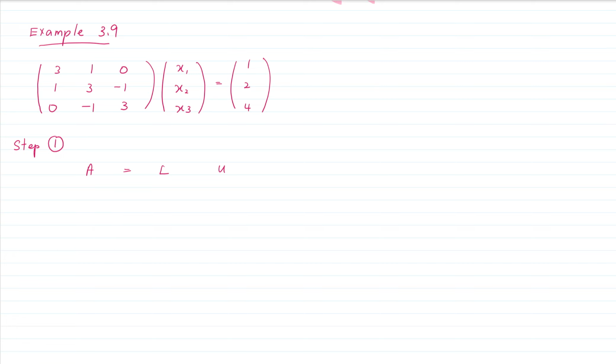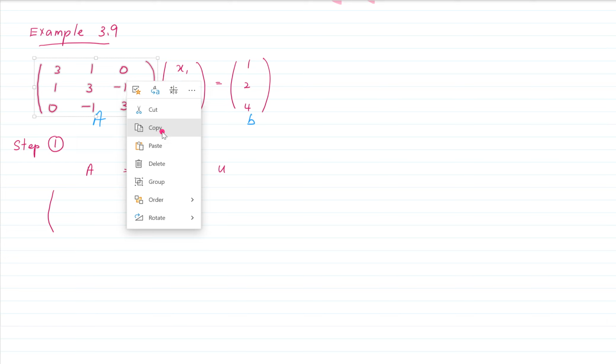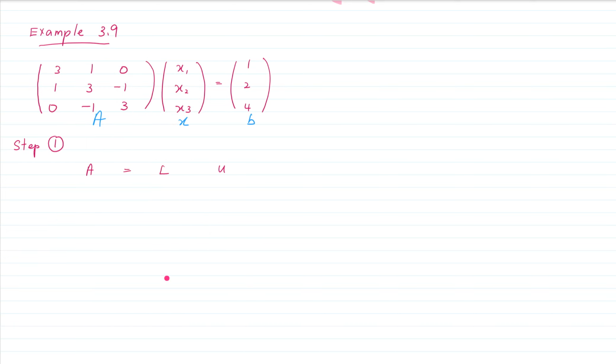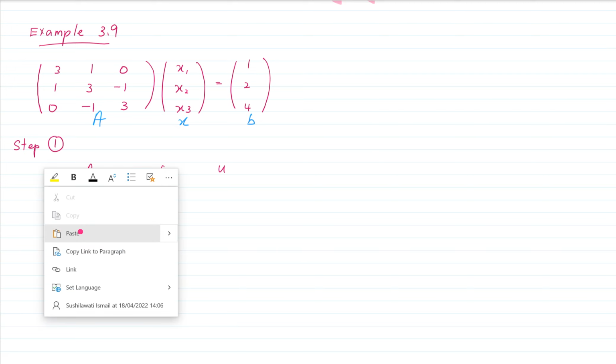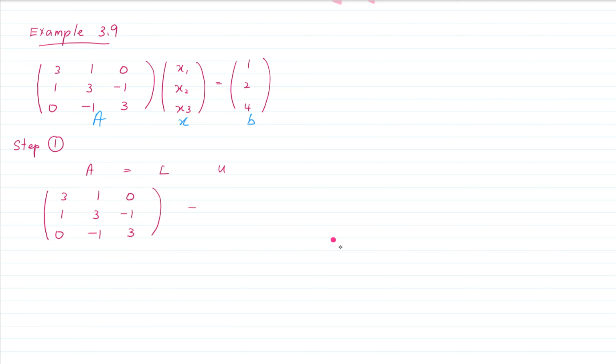As you know, this is referring to A, this is X, and this is B. So write down the values for A. Then L. Still remember, L is referring to the values of the lower triangular matrix.